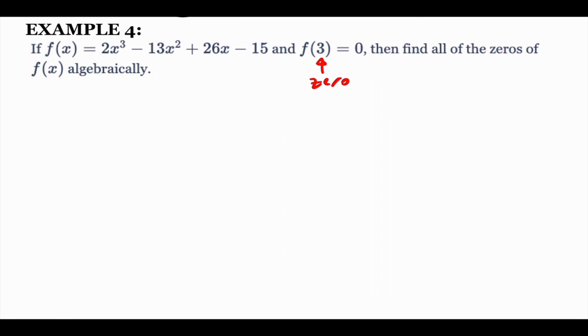Find all the others. Well, how many should I have total? So I already got 1. Let's go find the other 2. Let's set up synthetic division. 2, negative 13, positive 26, negative 15.